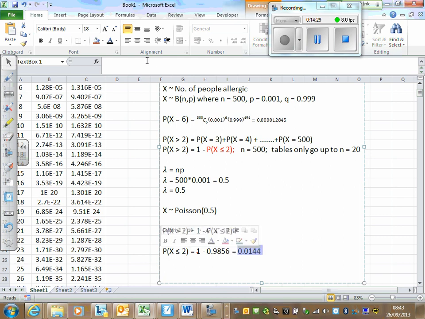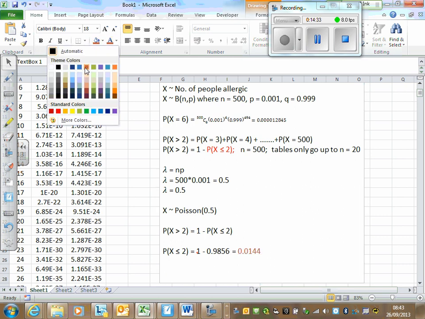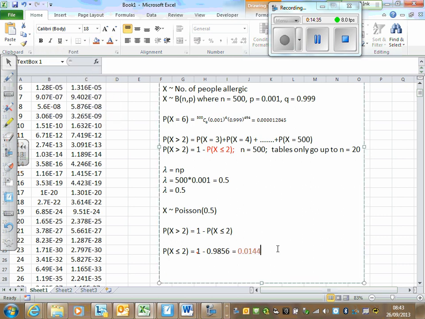Okay, this is our answer. So we have used the Poisson distribution to approximate the binomial distribution, because for the binomial distribution we couldn't do the calculations as n was too big.